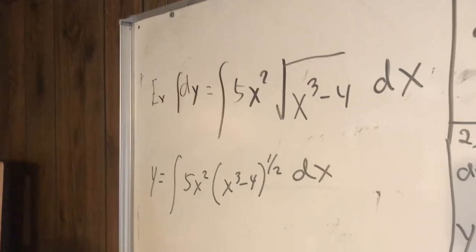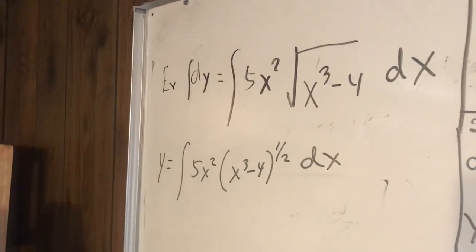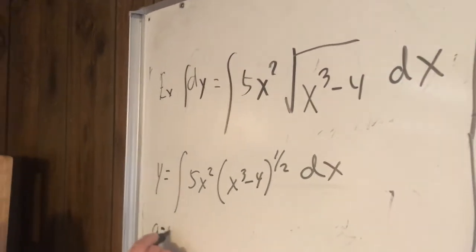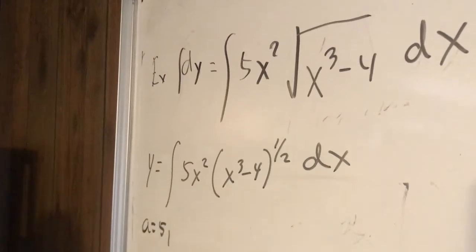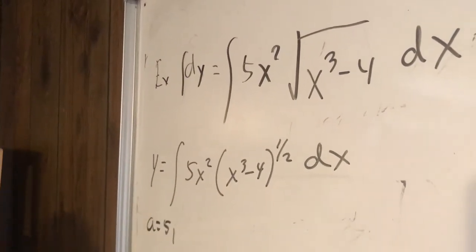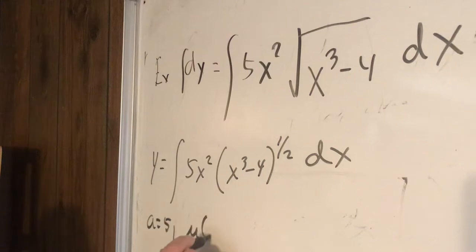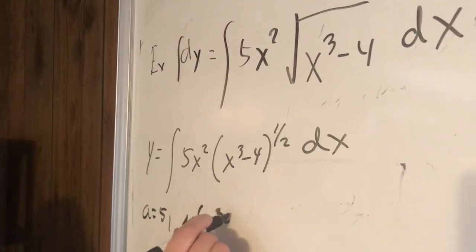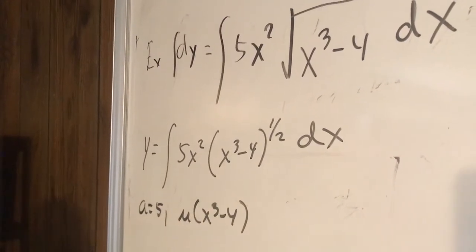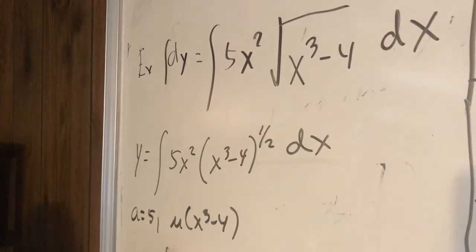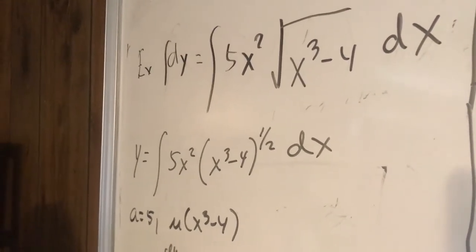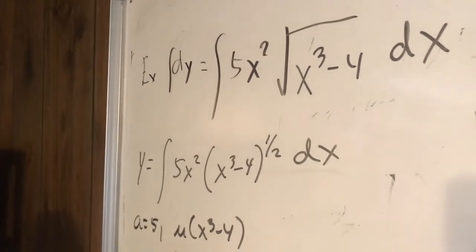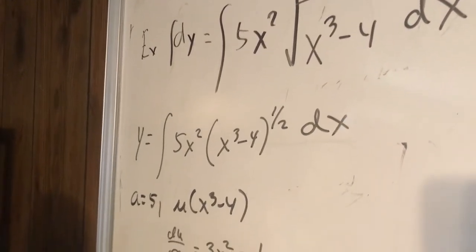Well, let's define our terms now. a is going to be 5. Got a 5 in front of those. u is going to be what's inside the parentheses raised to a power. du dx equals 3x squared. That equals b.